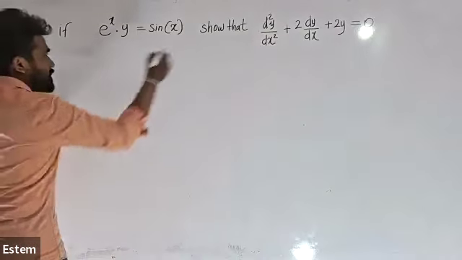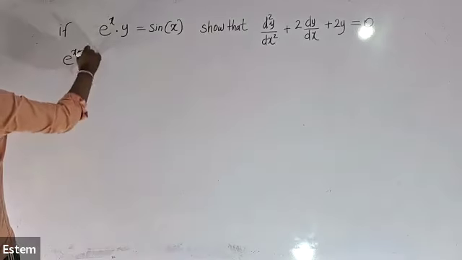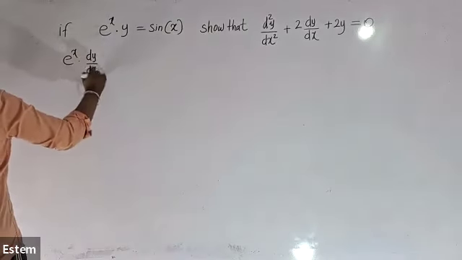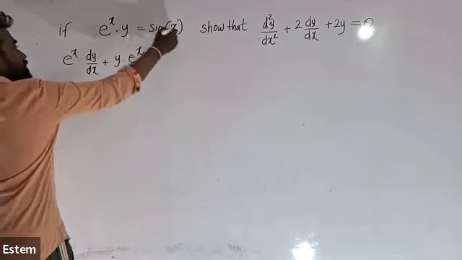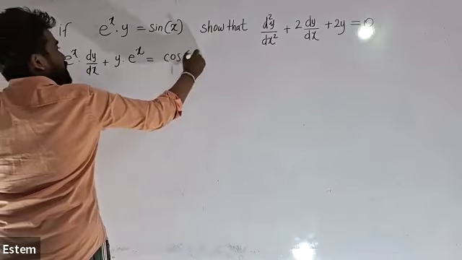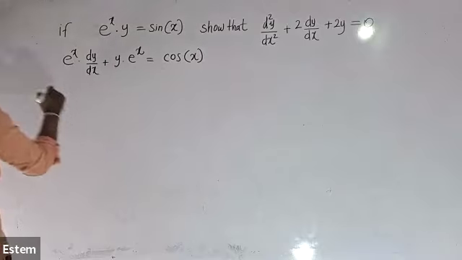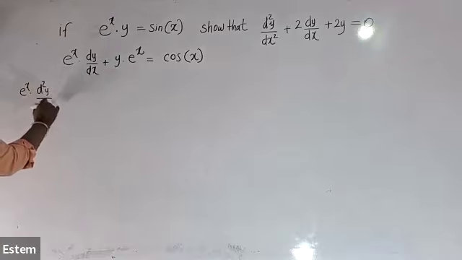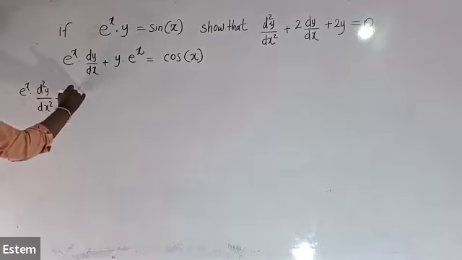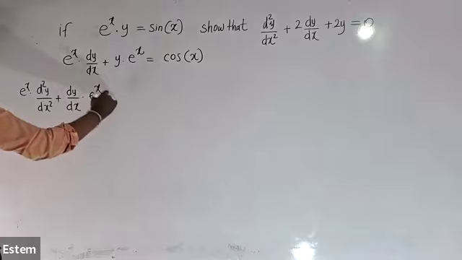Now I am discussing this. So I'm differentiating e^x y, dy/dx. The differentiation of sin x is cos x. Then we should differentiate this again. Now I am differentiating the second order, d²y/dx², and I pick dy/dx and differentiate e^x again.